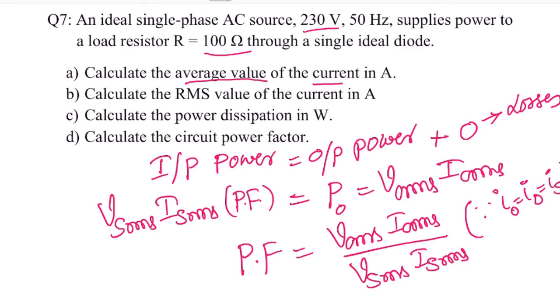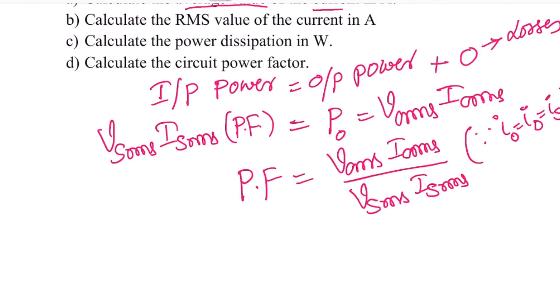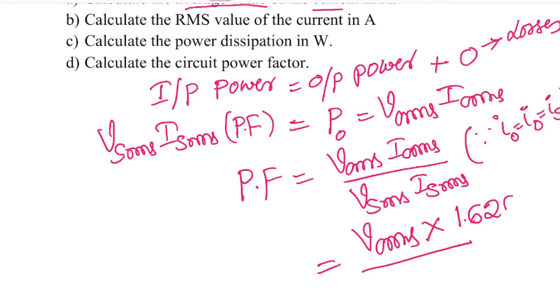So whatever output RMS current you got previously, 1.63, the same you will get. Just substitute the output RMS voltage multiplied with the output RMS current, which you already got, that is 1.626.